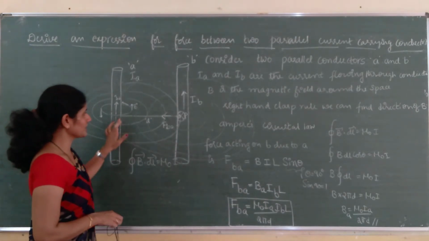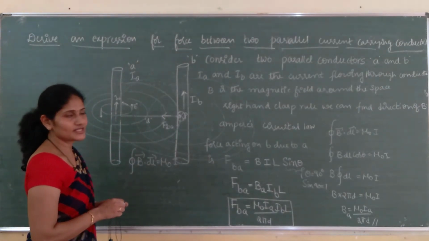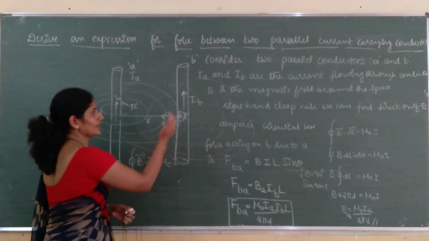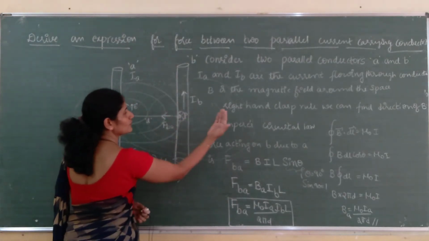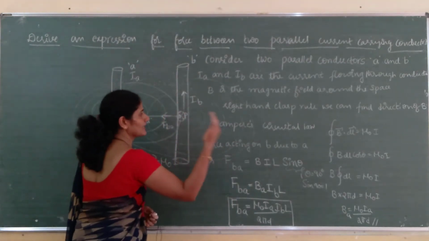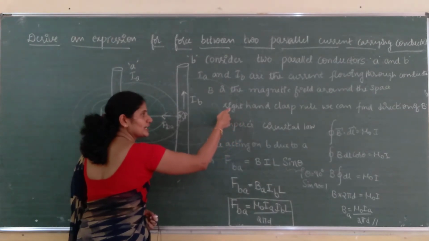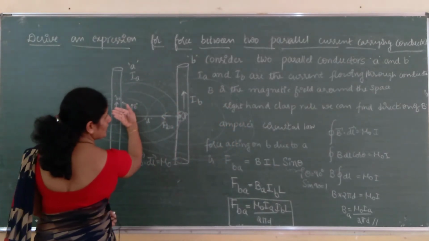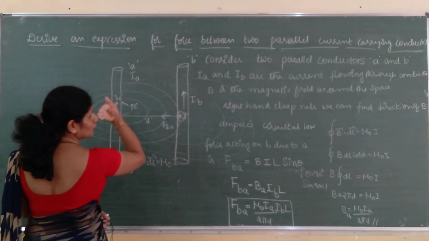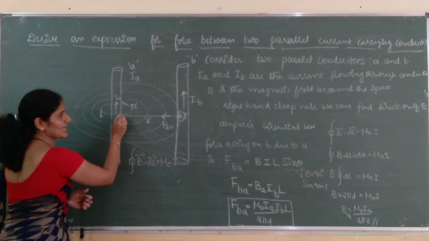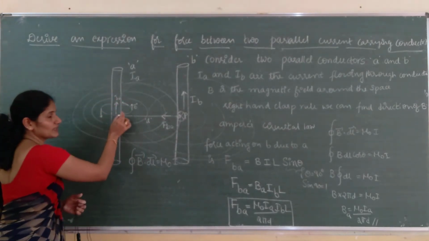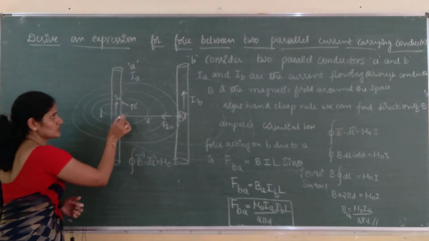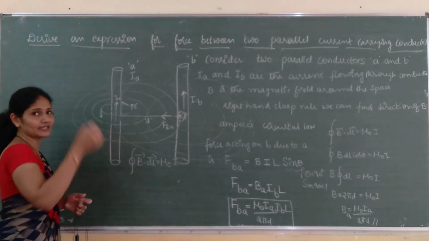At this point, what is the direction of magnetic field? Around this conductor we have the magnetic field like this. At this point the magnetic field is going into the plane, and at this point it is coming out of the plane. This is the direction of magnetic field B.